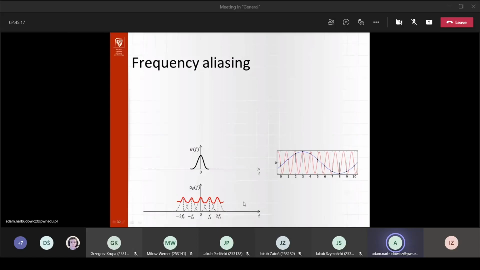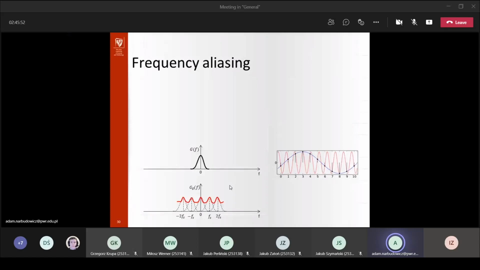However, if you do not satisfy the Shannon-Nyquist sampling, you will experience aliasing. So basically, the multiple copies of your spectrum, generated due to sampling, will overlap each other, right? And this, as you will see, will alter your signal and cause some ambiguities, so basically you will recover that signal with error.